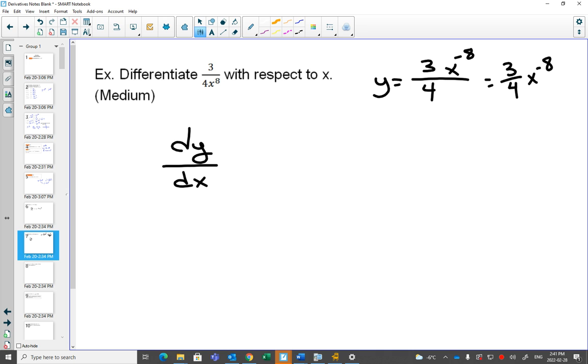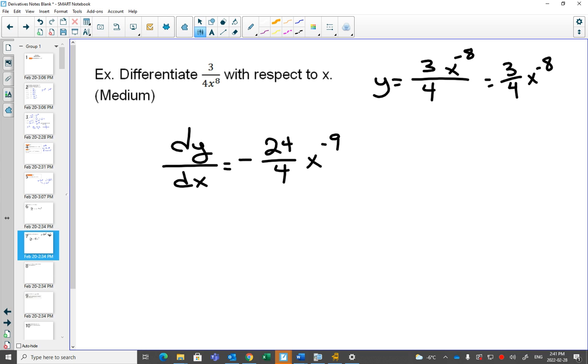And once it's in that form, so this is what makes it a medium one, now we can bring that negative 8 out in front. Negative 8 times 3/4, negative 24 over 4. Subtract 1 from the exponent, you get x to the negative 9.